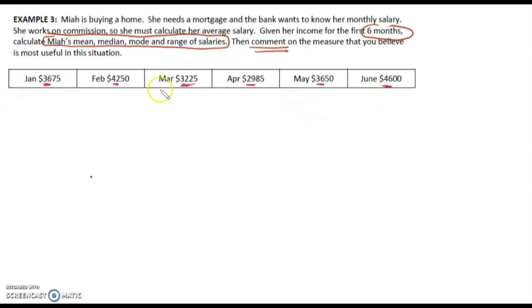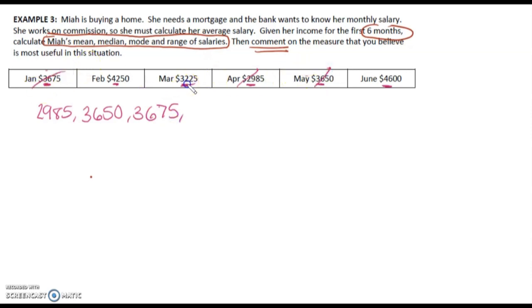But all of these are 4-digit numbers, right? So we want to look at the first number. So I'm going to say 2985 for the first number. And then we have two 36s. So 3675 and 3650. So 3650 is smaller.